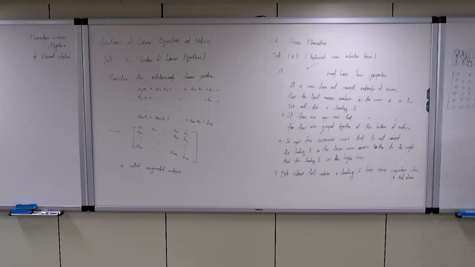This matrix also satisfies these four properties, so this form is also reduced row echelon form.